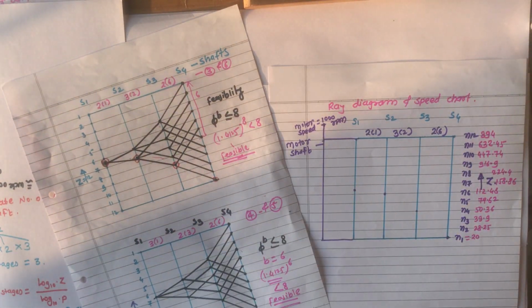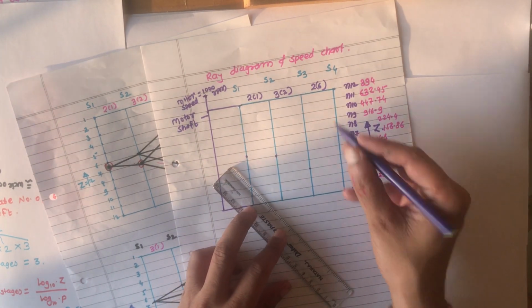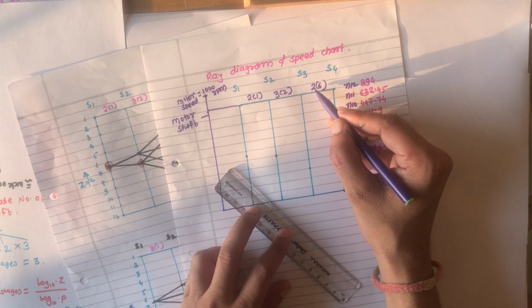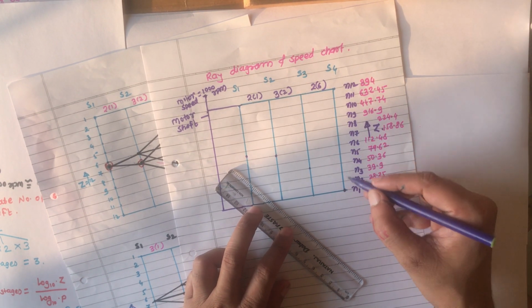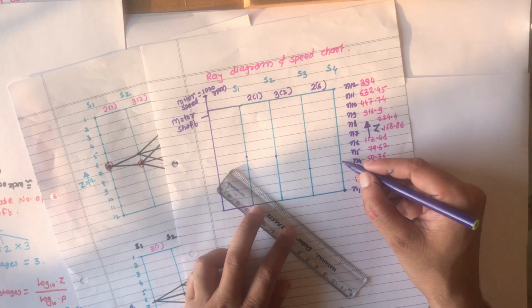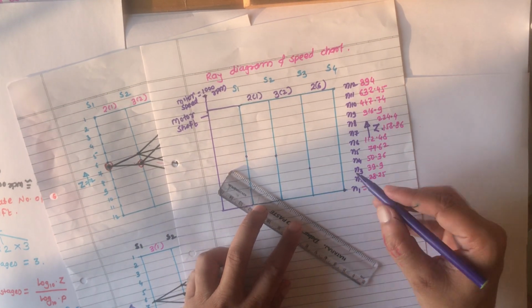So let's see how to draw. So your minimum speed is n1. So see here, from there will be two lines which are separated by distance 6. So 1 2 3, first line will be 1 2 3 4 5 6, and the middle one will be at the center.